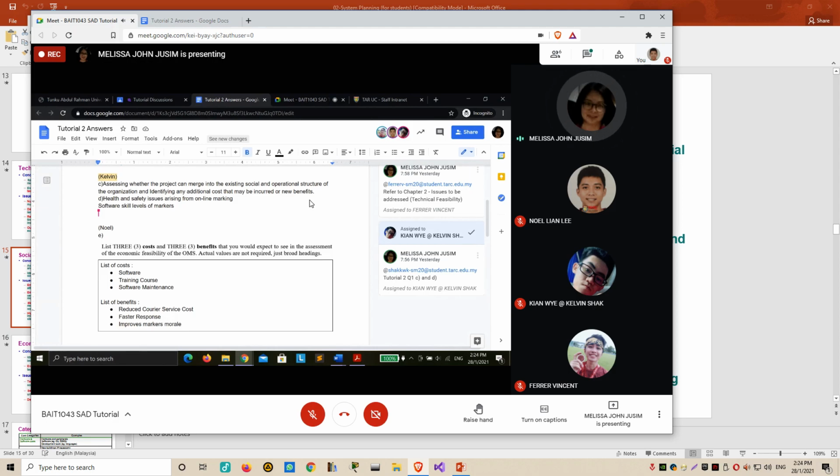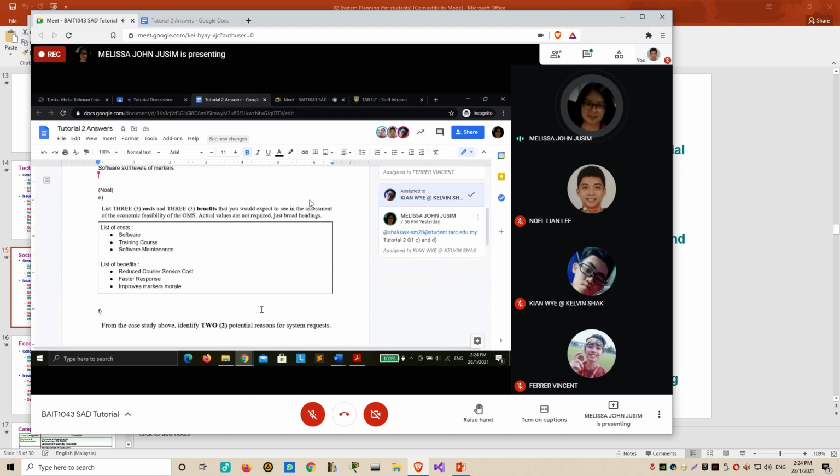And then list of benefits, reduce courier costs are very good. Yes, I did mention when we go through the question just now, the case study. And faster response. You can make it more specific, Noel. Perhaps you can add in faster response means faster processing of the answer scripts, correct?